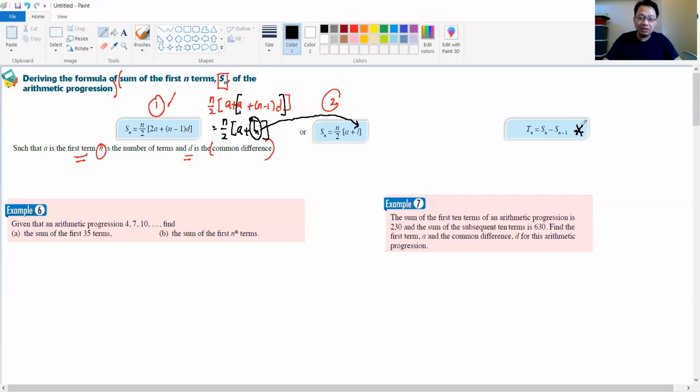For this topic, besides using Sn to find the sum, we can also use the sum to find a specific term. This one I call the specific term.